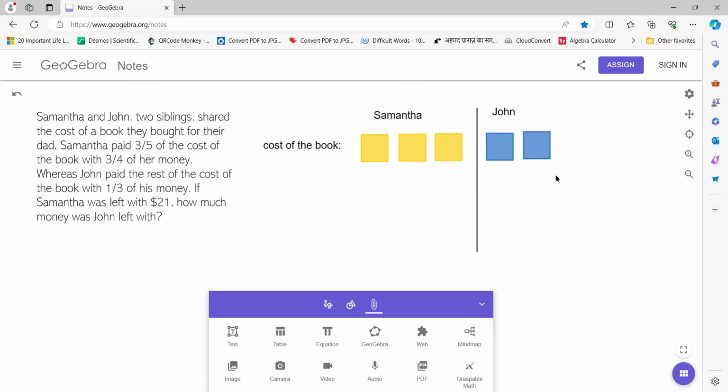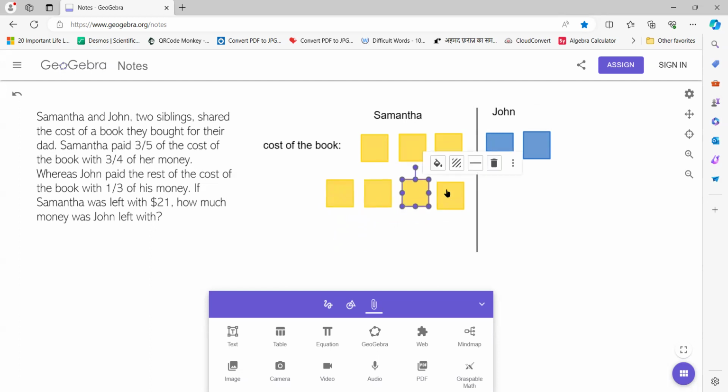Now, using these three yellow squares, I want to find a representation for the entire amount of money that Samantha had. That has to be four yellow squares. Okay? Because three of them is three-fourths. So this must be Samantha's original amount.